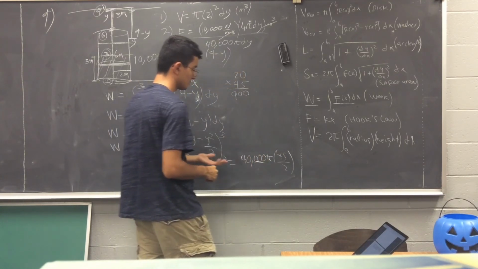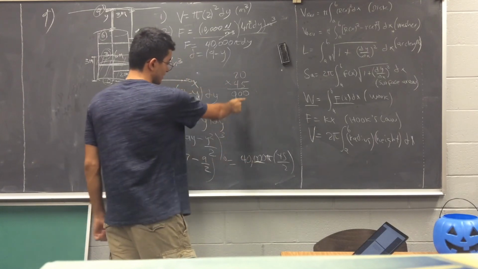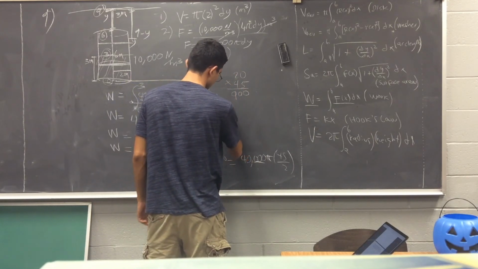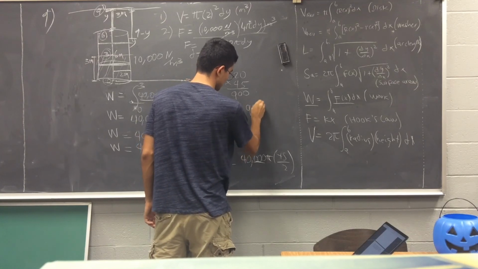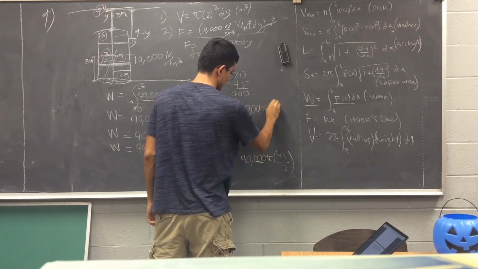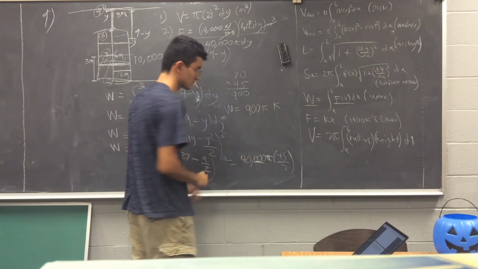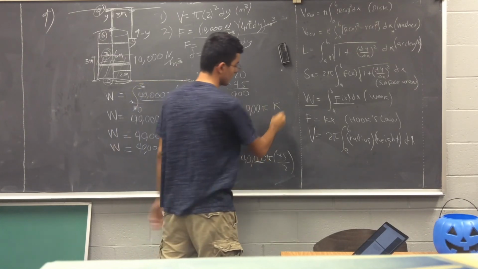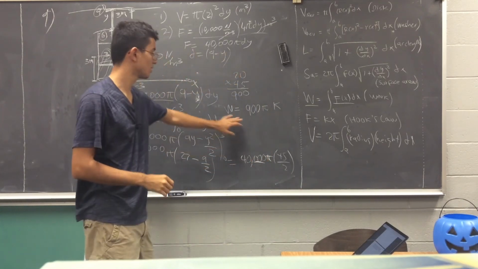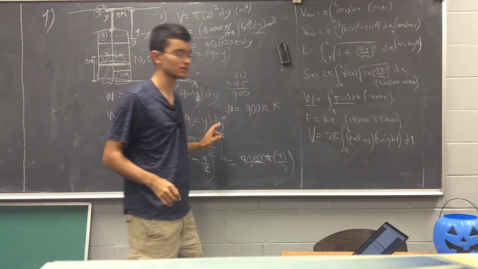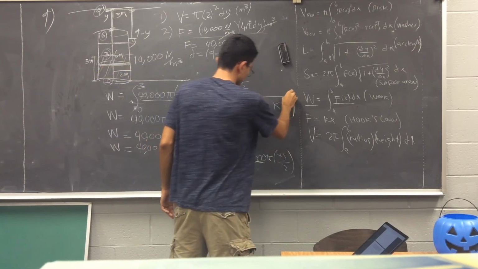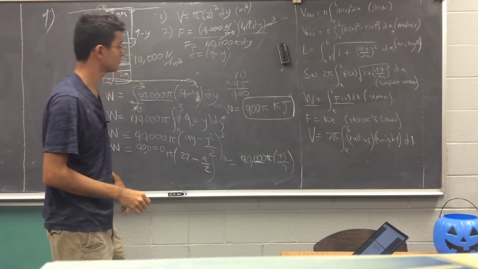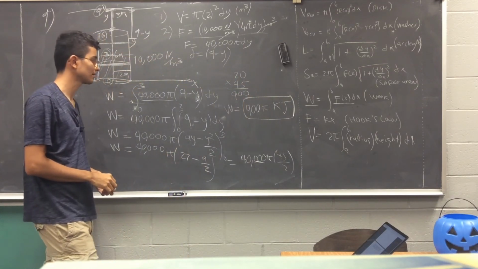This is 3 zeros, so we could define the work done as equal to 900 pi, kilo for 1,000, because we're multiplying by 1,000. And the units for work in the metric system are joules, so kilojoules. So the work done is 900 times pi kilojoules.